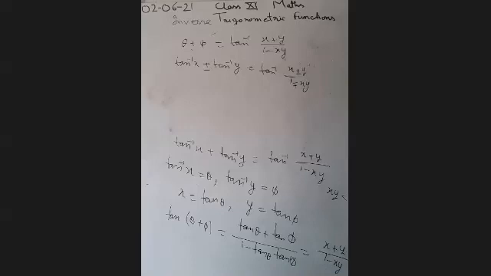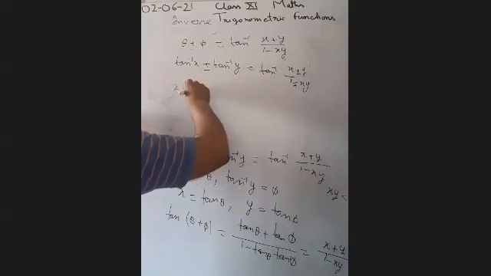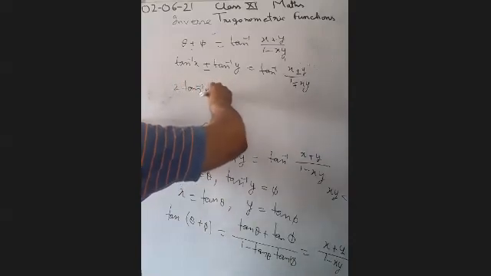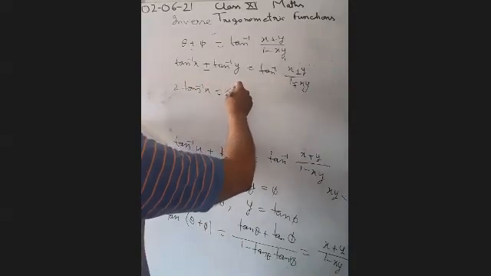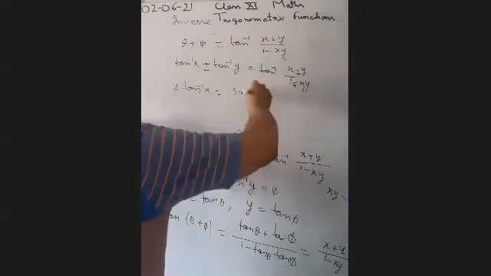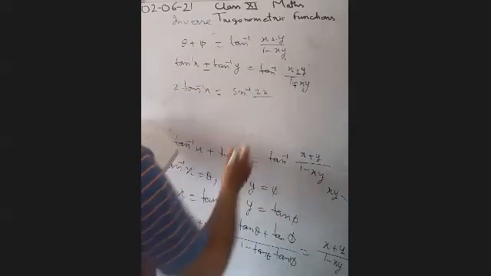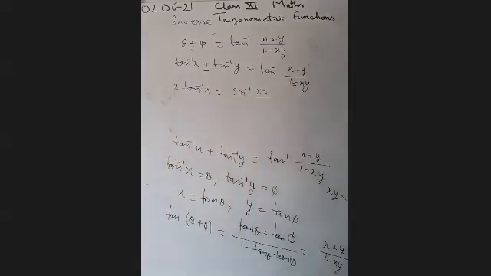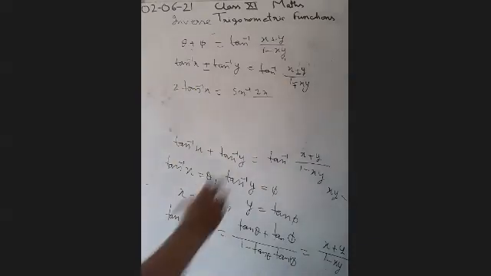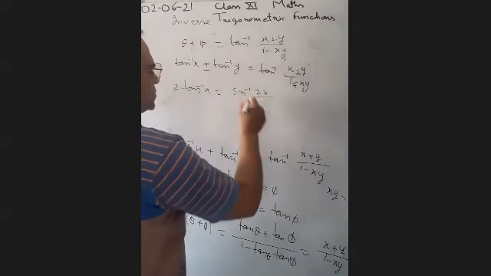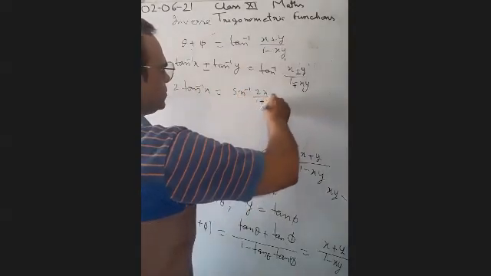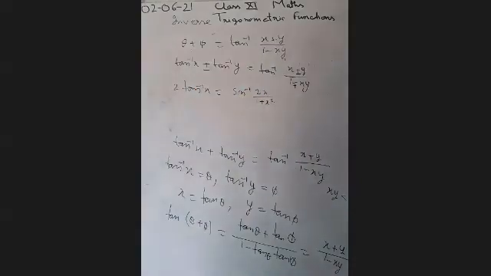This formula: 2 tan inverse x is equal to sin inverse of 2x upon 1 plus x square. To prove this one, we have three formulas you have to remember.